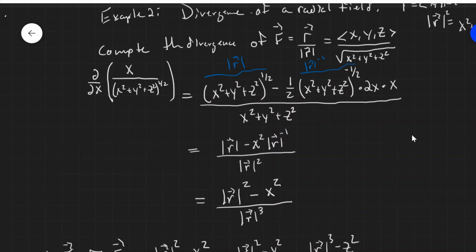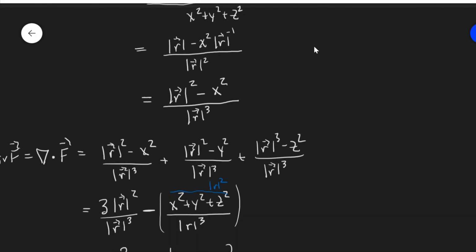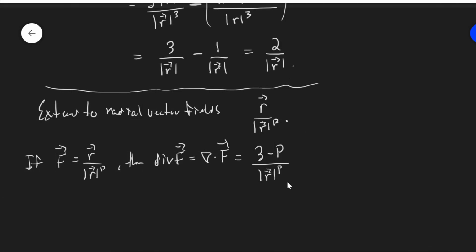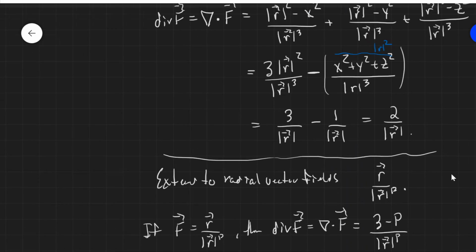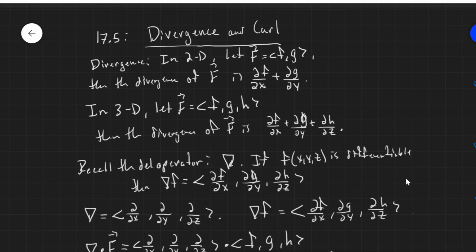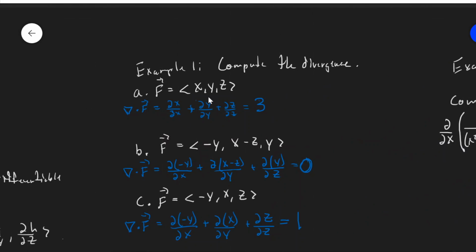Notice how this generalizes this past result. Here my p was 1. I'm just dividing by magnitude r, so my p is 1 in this case. And so I end up with 2 over magnitude r to the 1. And this actually extends back to over here, this one. This is from the same class, but here my p is 0. I'm not dividing by a magnitude of r at all. That is magnitude r to the 0.